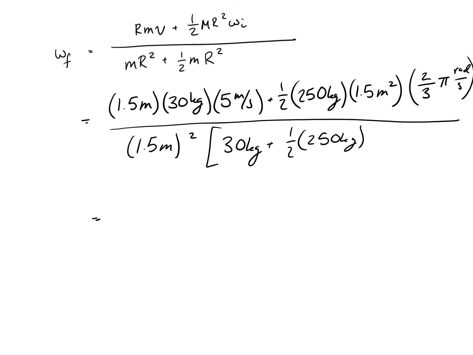So now we can take all of this and plug it into a calculator. I personally find doing this in 2 steps is a lot easier. So I like to do the denominator first just because it's a lot simpler with what you're dealing with.